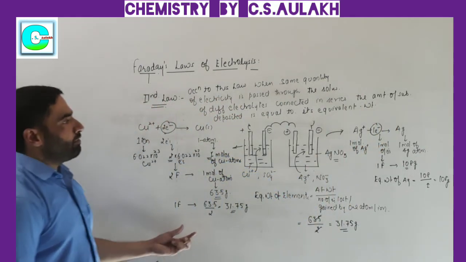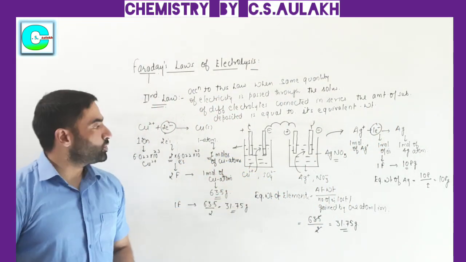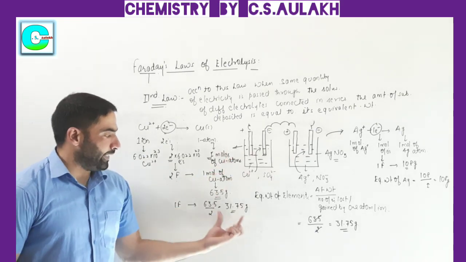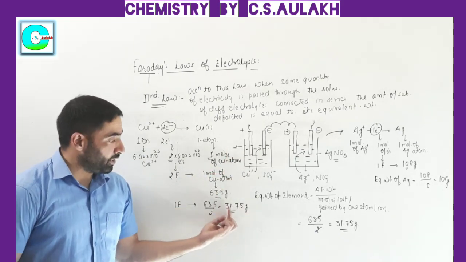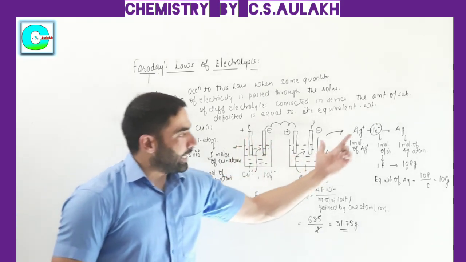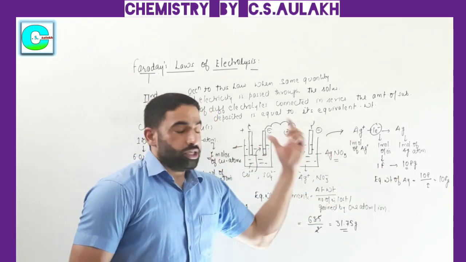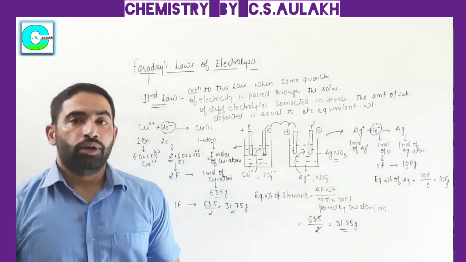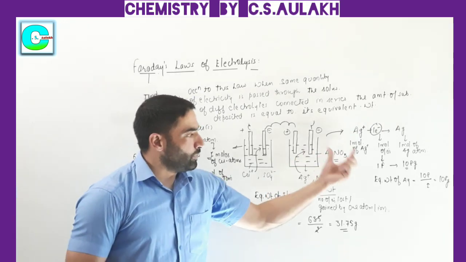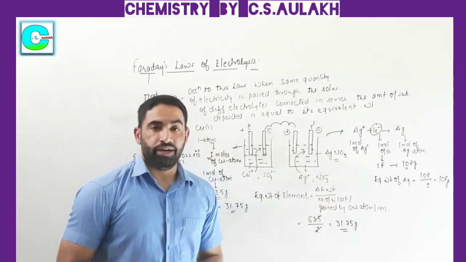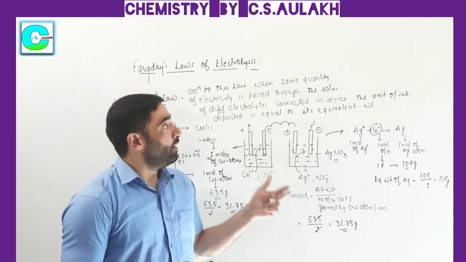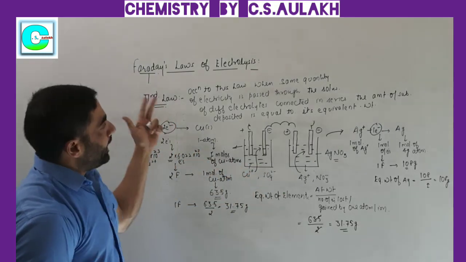As we have calculated, the amount of copper deposited over the surface of the cathode in the first cell is equal to its equivalent weight, which is 31.75, and in the second case again the mass of silver deposited over the surface of the cathode is also equal to its equivalent weight. So with this we have discussed the second law.